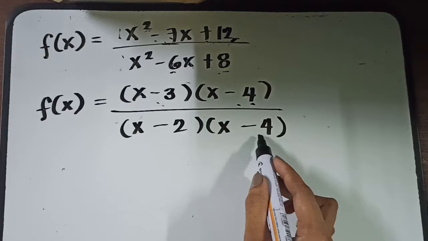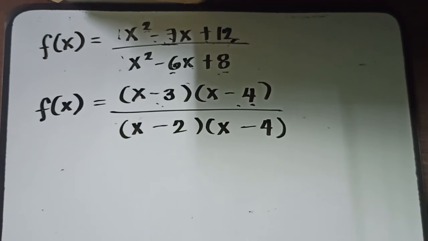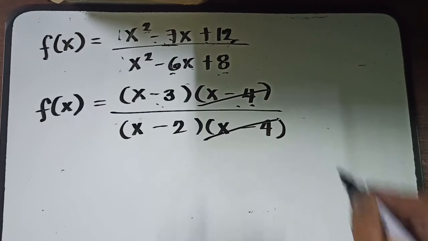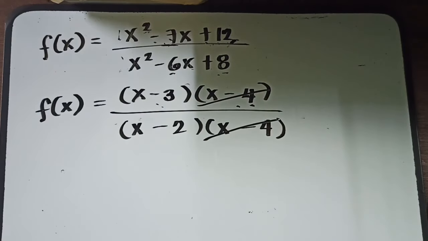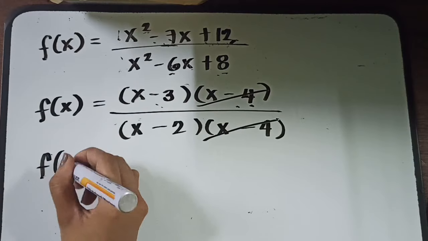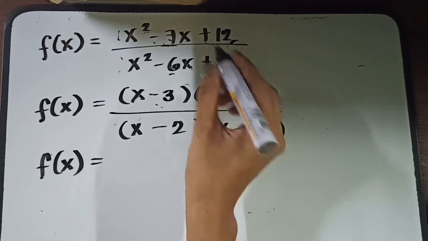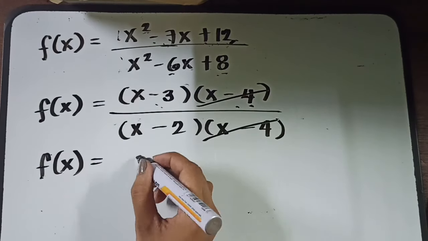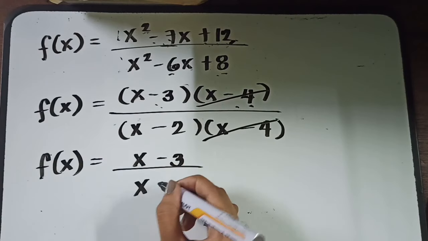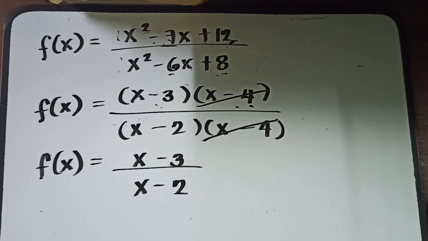Negative 2 plus negative 4 is negative 6. Okay, so next, pwede kong i-cancel si x minus 4. Since common factor naman sila, pwede ko siyang i-cancel. So, kapag sinimplify natin itong given rational function, that will be x minus 3 over x minus 2.